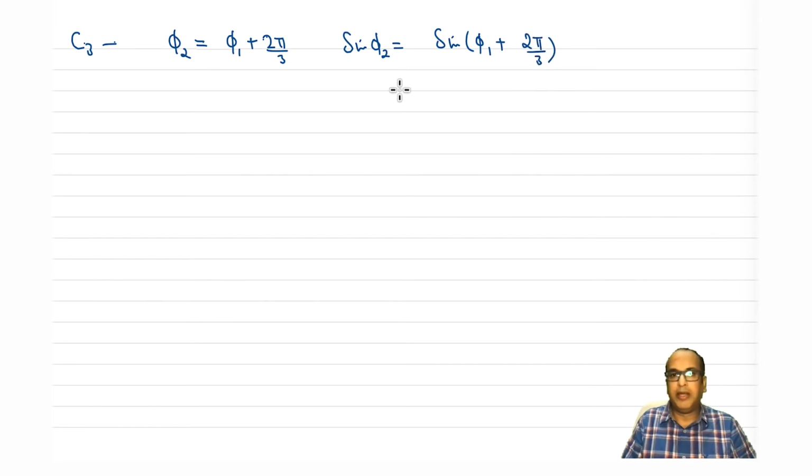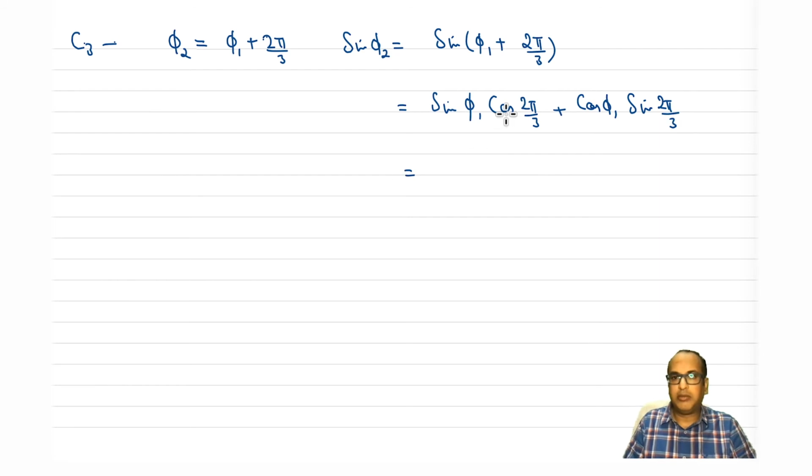So under C3, phi 2 equal to phi 1 plus 2 pi by 3. So if we have sin phi 2, this will be equal to sin of (phi 1 plus 2 pi by 3). Now this is sin (a plus b), which will be sin a cos b plus cos a sin b, right?